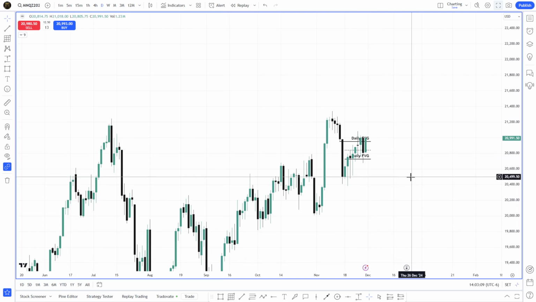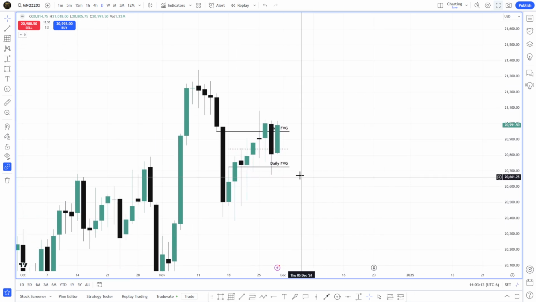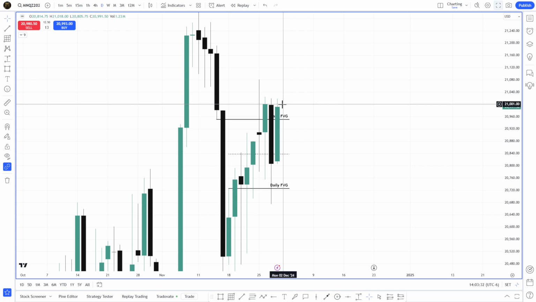Okay, moving over here to the daily. Balances, we had some gaps in here. Balance, immediate rebalance, and moving higher. And we've closed out of that daily fair value gap. The fact that we did not close completely above this candle, there is a possibility that we don't retrace that much.